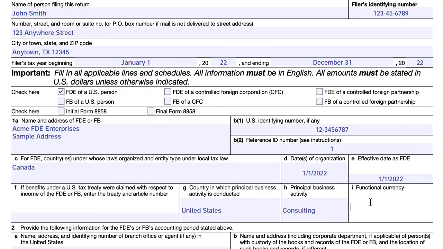In order to find that, you can go into the form instructions and look at the link for currency.